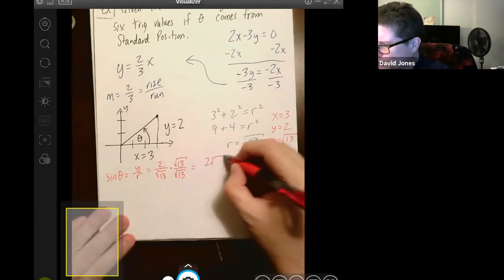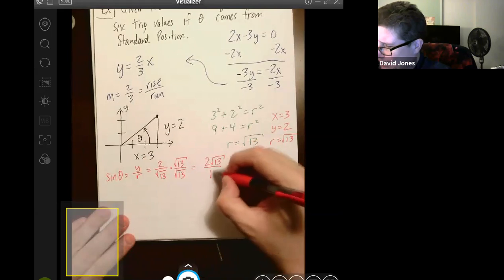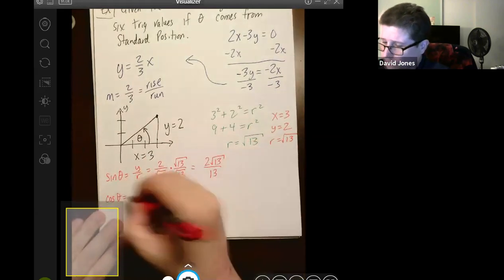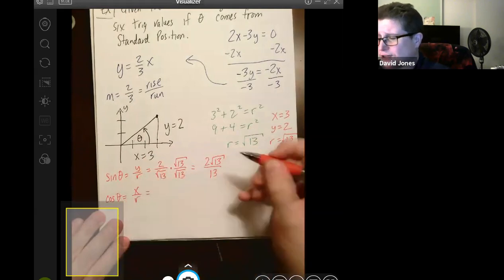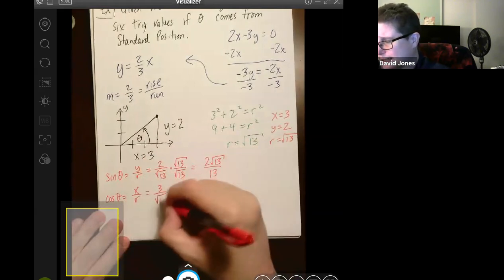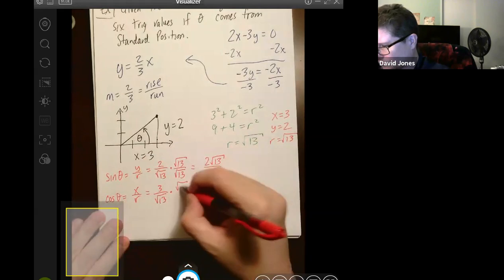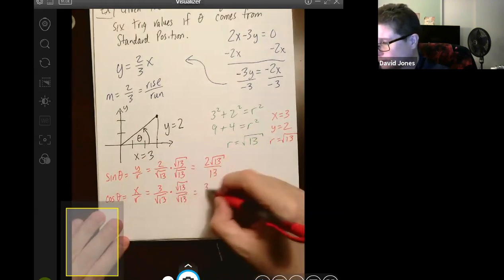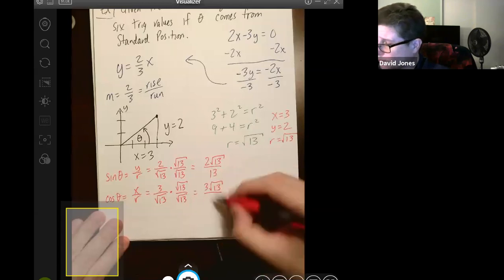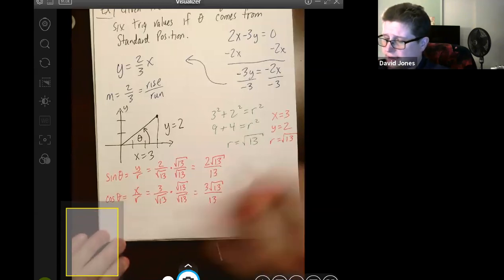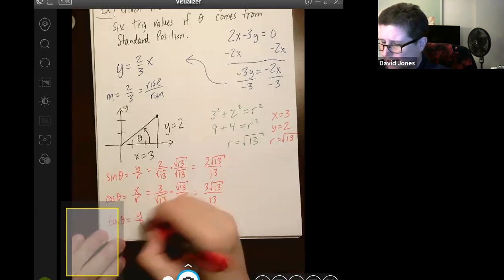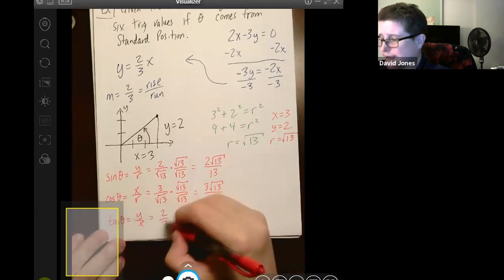So we get 2 root 13 over 13. Cosine theta is x over r, same process. Tangent theta is y over x, which is 2/3.